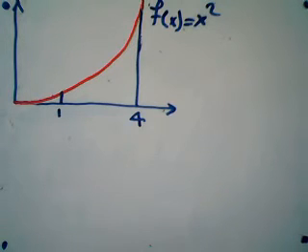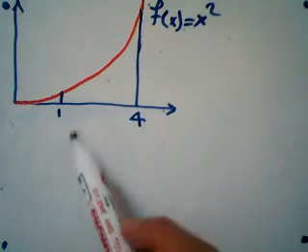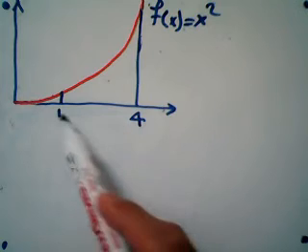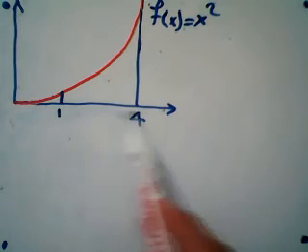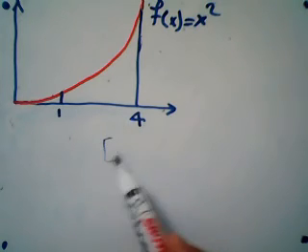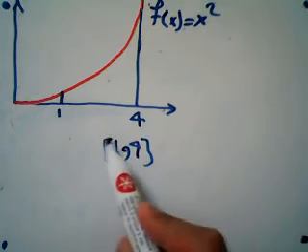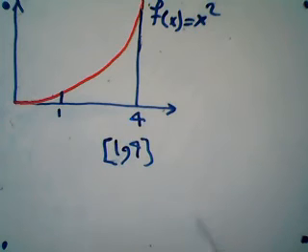Here we first divide this part of the x-axis, which means the interval 1 and 4, into n equal parts.